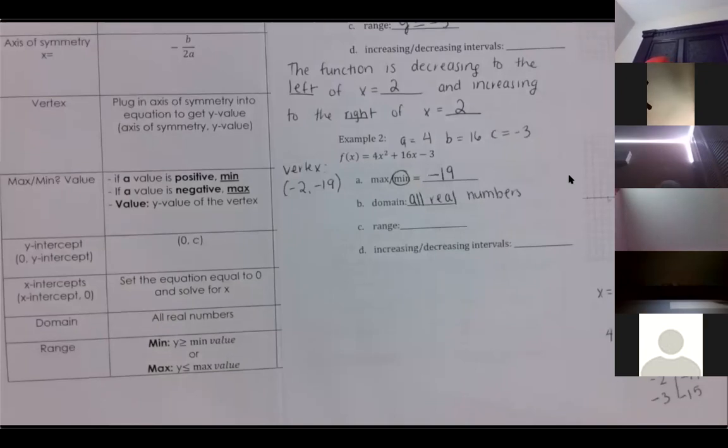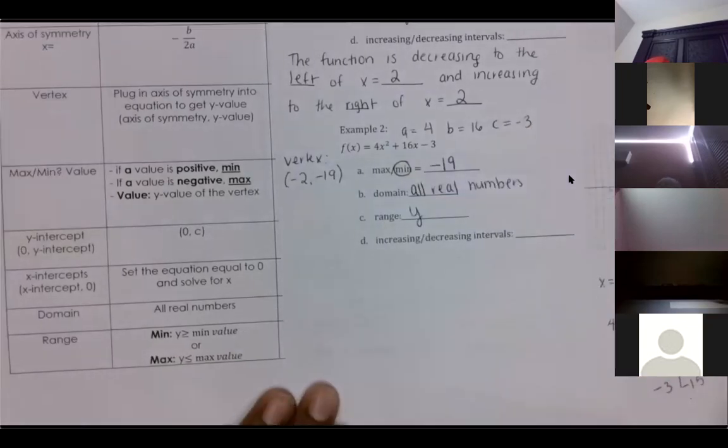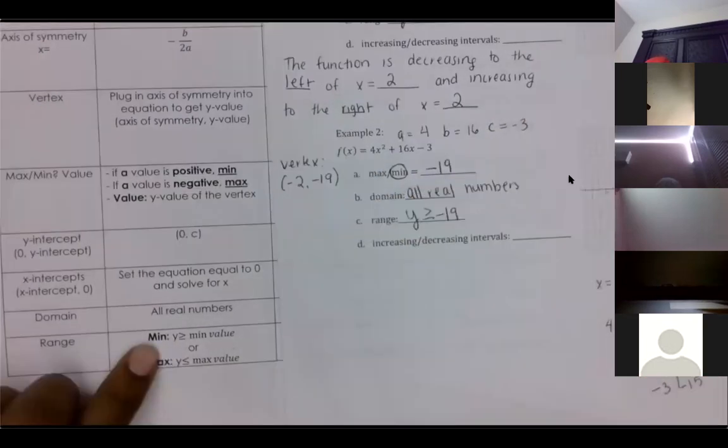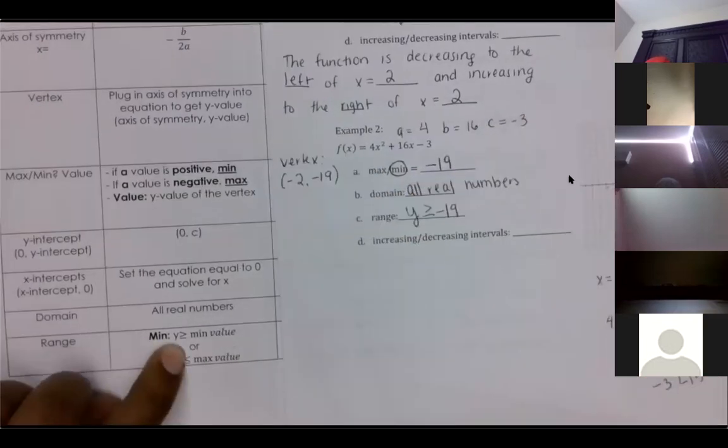The range is going to be y is greater than or equal to -19. Perfect. Yep, because it's a minimum, so you have to have y is greater than or equal to whatever that minimum value is.